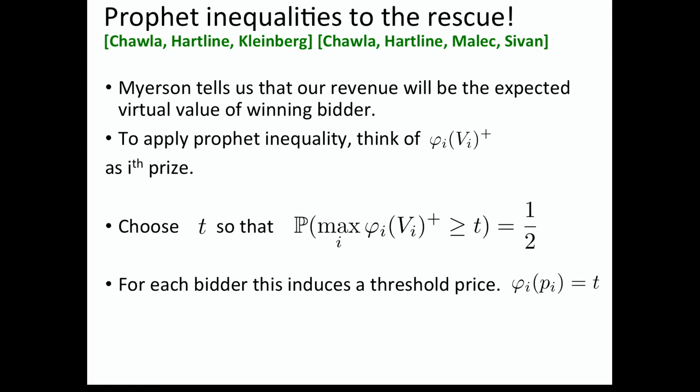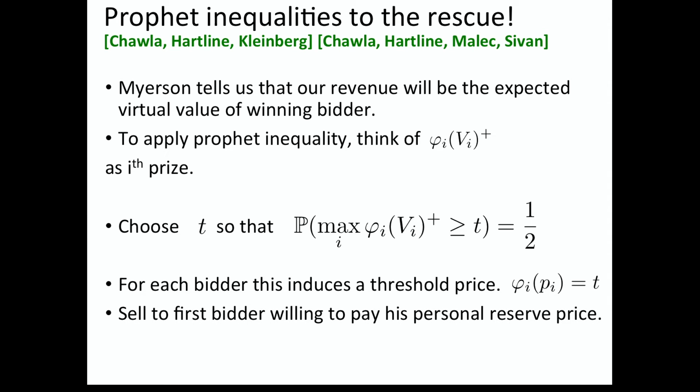And if we do that, then, well, okay, this is a fixed price in virtual value space. It actually does not correspond to a fixed price in value space. In value space, what this would do is it induces some price. For each bidder, what is the price at which their virtual value is equal to that threshold? Okay?